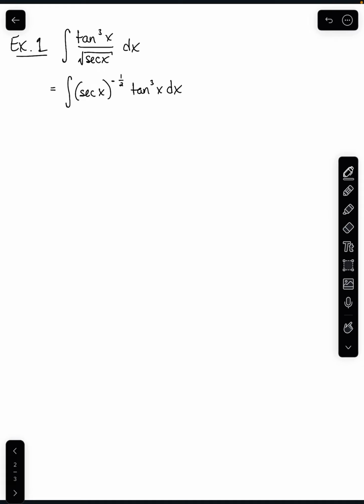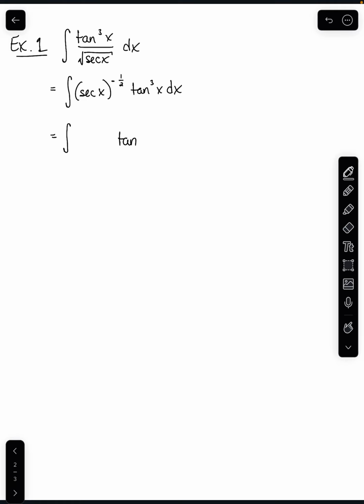So our goal here is going to be to split off a factor of tangent, thus reducing the power to an even power. I'm going to start with that because that's the easier one. I'm going to leave a little space here for the secant.